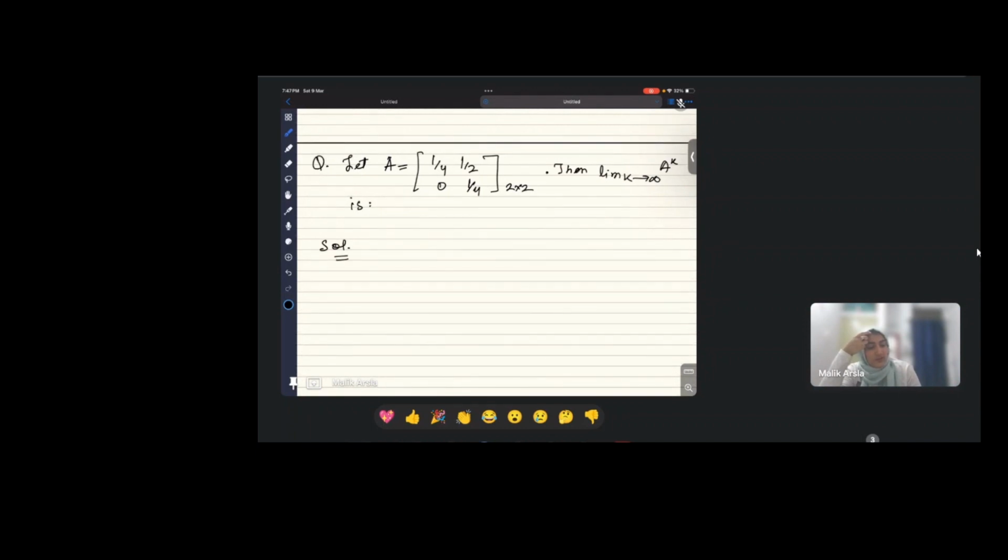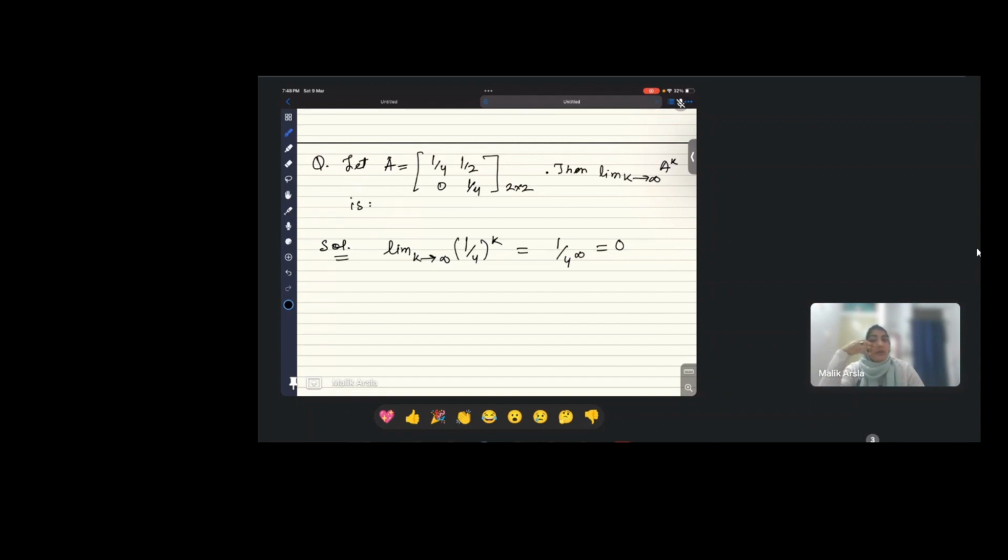In these questions, what we do is take the limit on individual elements, right? Limit k tending to infinity of 1 by 4 to the power k, which is what? For each element, we have to apply, ma'am. Yeah, each element, no? Okay.